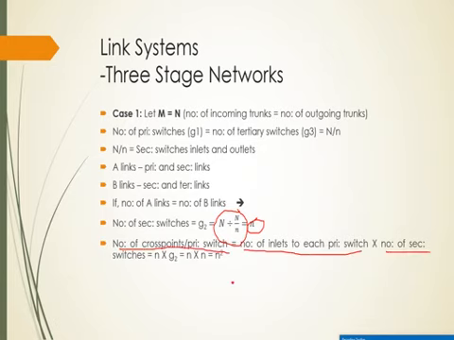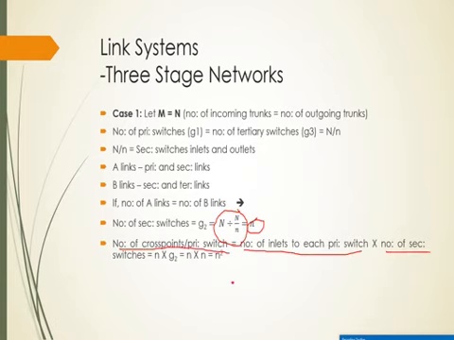So this is the end result we get, that is n square by n. Therefore the number of cross points in the tertiary stage is given by N by n into n square. This is again identified based on the previous discussion.